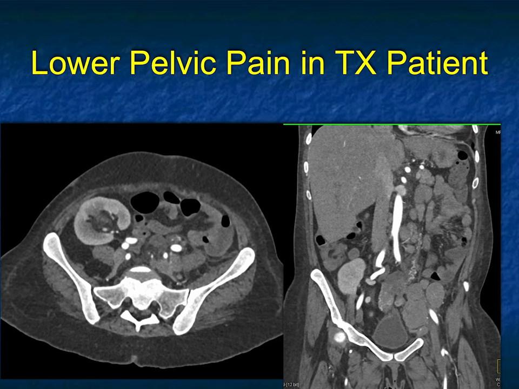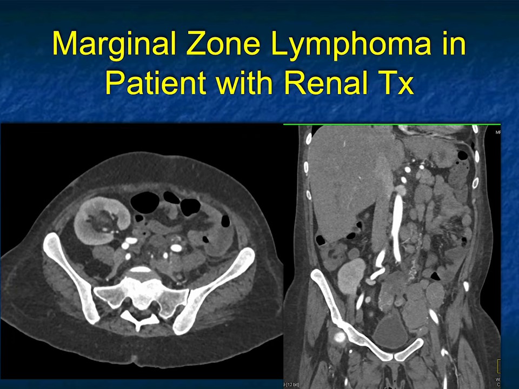Yes, you could say, well, could it be other things? Many things give you nodes, but newly diagnosed, bulky nodes, transplant patient, renal, liver, whatever, cardiac transplant, it's lymphoma. And this was a marginal zone lymphoma in a patient a number of years past renal transplant.